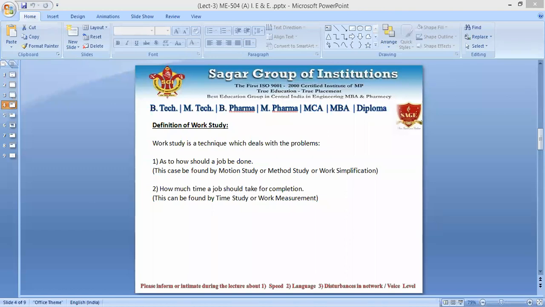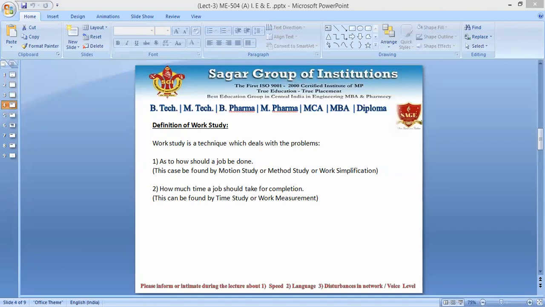As I told you, we need to analyze the work to be done repeatedly, because suppose in a shift of 8 hours you can produce 80 units of the same product, this means 80 times you need to repeat that work.